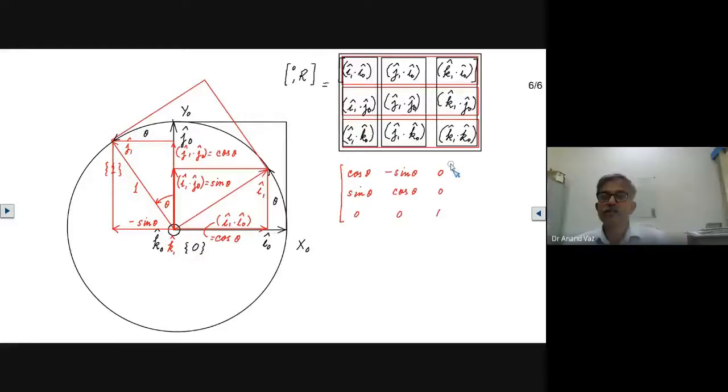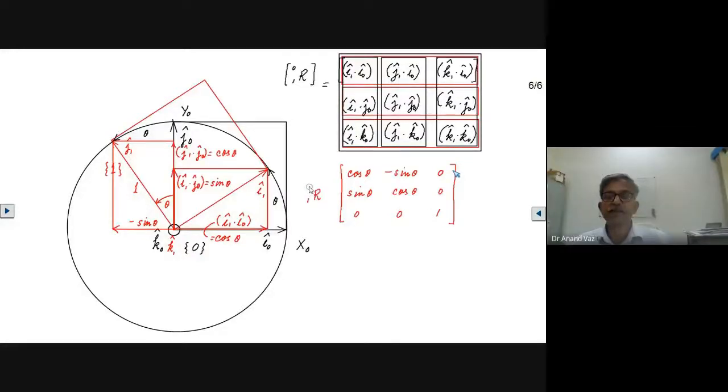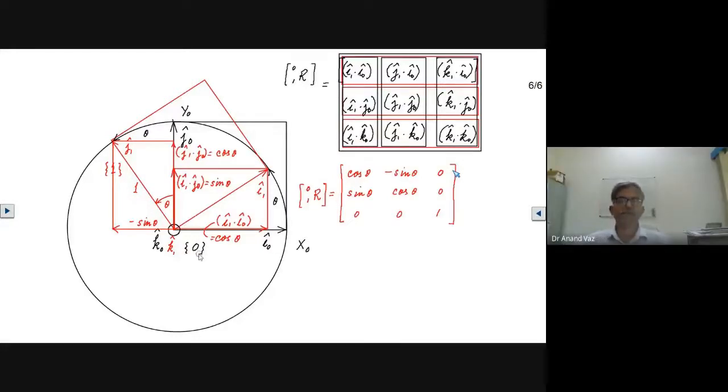So you can see this is the R matrix specifying the orientation of frame 1 with respect to frame 0 for this simple case. Here what we have done is rotate.